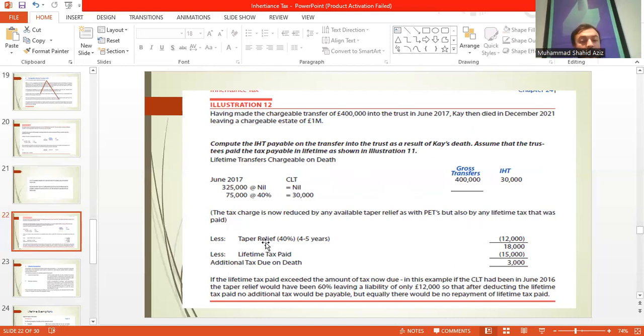Taper relief is 40% because she survived for 4 to 5 years, so it reduces by 40% of 30,000, which is 12,000, leaving 18,000. During her lifetime 15,000 was already part paid, so the remaining is 3,000.